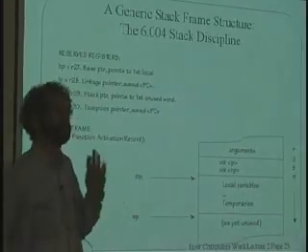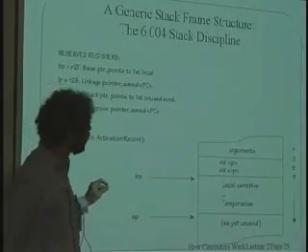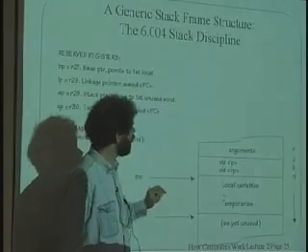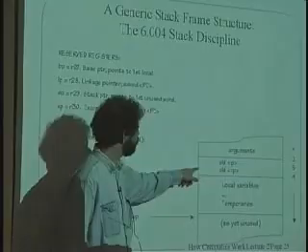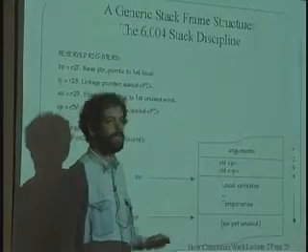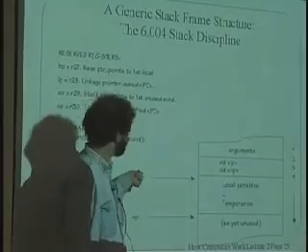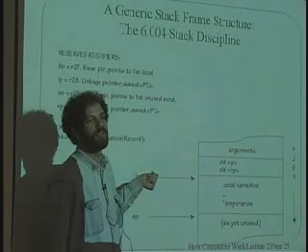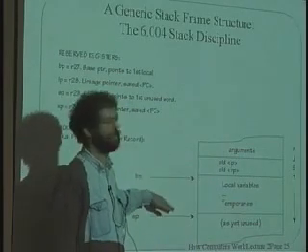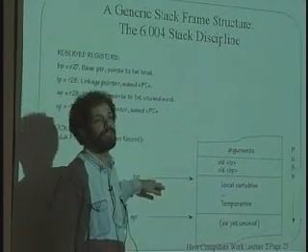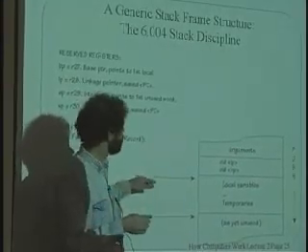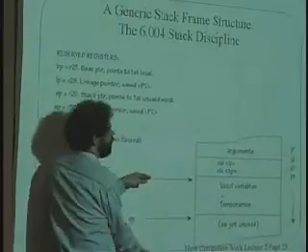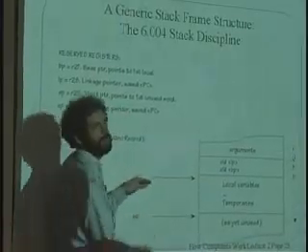So that when I'm in a function and I want to access a particular argument, or a particular local variable, or even a particular piece of linkage, I have a fixed index tab into the stack from where I can reference all of these things, and that's not going to move. As long as I'm inside of a function, this index here will not move, even though the stack pointer is going to go up and down each time I push and pop things.